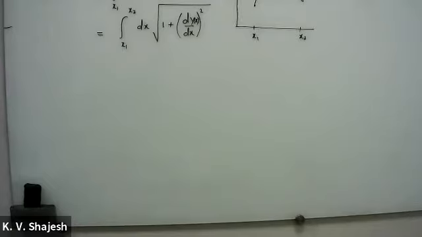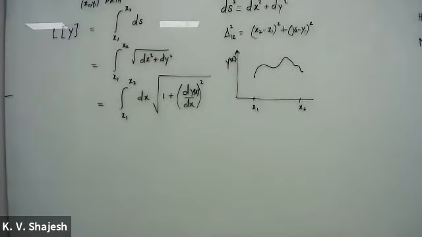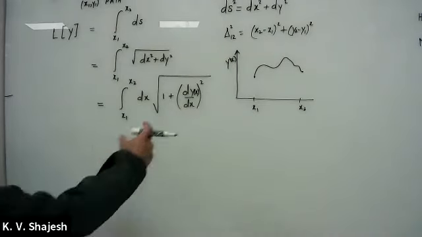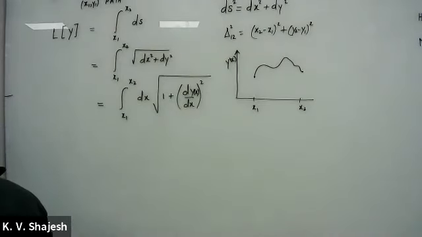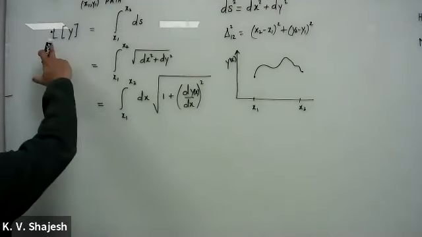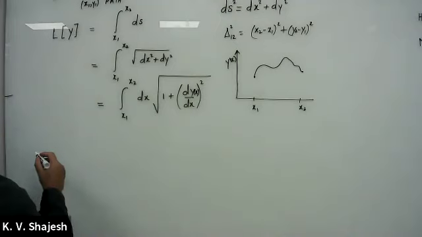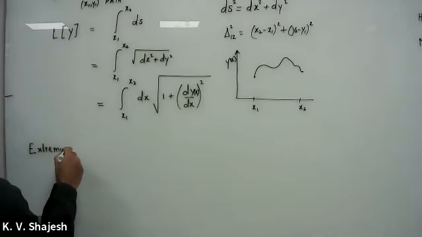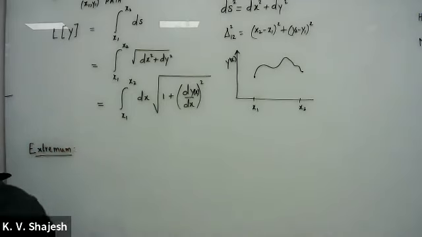So how do we find the minimum path? Our extremum condition is that now this is a functional. So how do we find the extremum? If you have a function, you say that the derivative is 0.